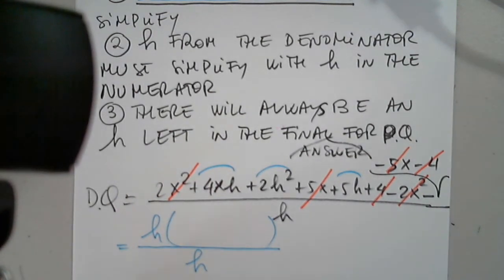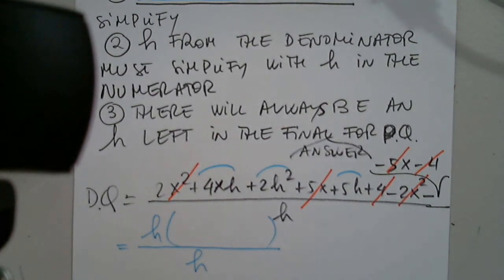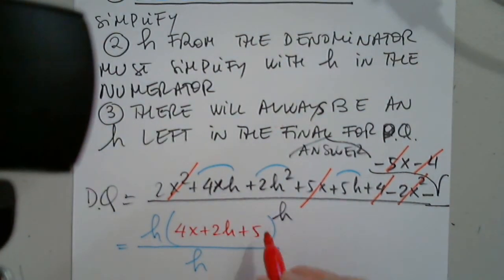Awesome. Who was that? Caitlin. Thank you. Good. So what is left in parentheses? And remember, I have 3 terms, so I better have 3 terms here. And the 3 terms are 4x plus 2h plus 5.